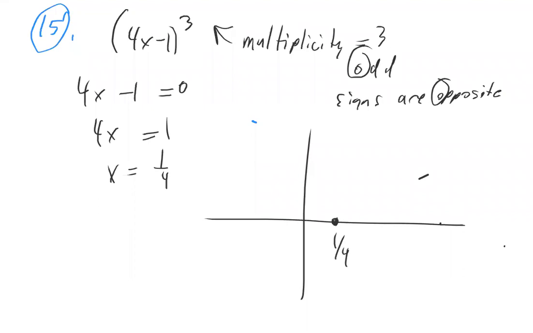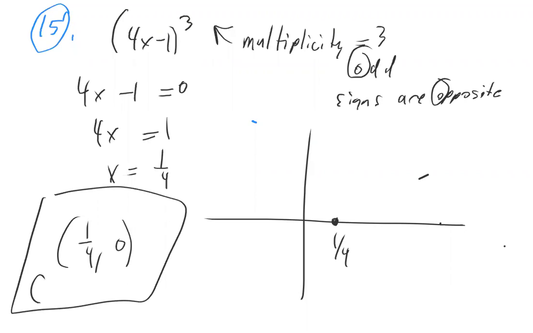And then the signs of the graph are going to be opposites on both sides of that point. Okay, so the graph crosses the x-axis at 1/4 and 0, right? How do I know that it crosses the x-axis?